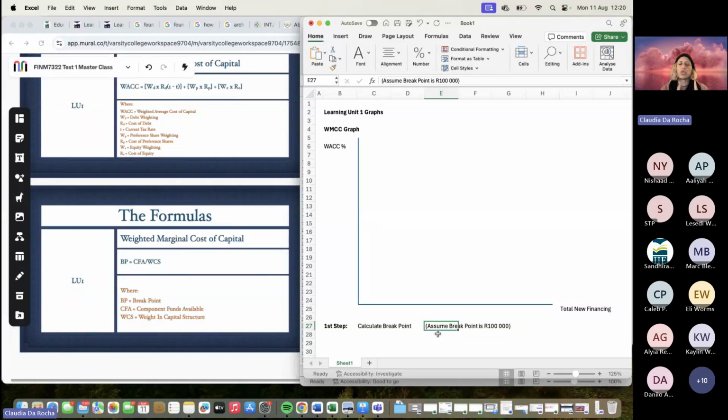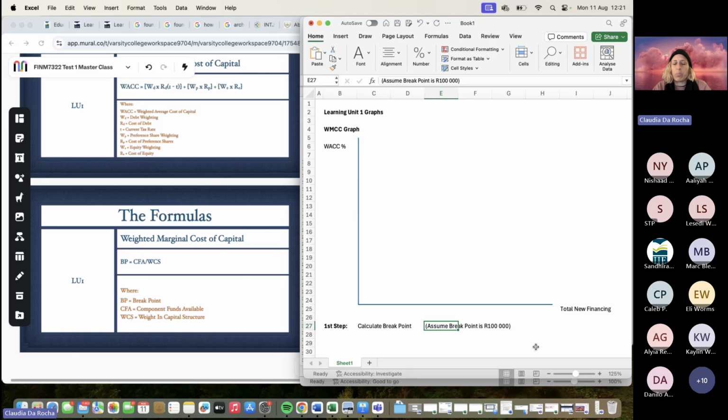And remember, we do the breakpoint for each type of financing where the funds are limited. In a question, you'll have lots of information. They will say to you that things are unlimited, and then all of a sudden you have a cost of capital where the amount is given or they're telling you it's limited. That is when you do the breakpoint.